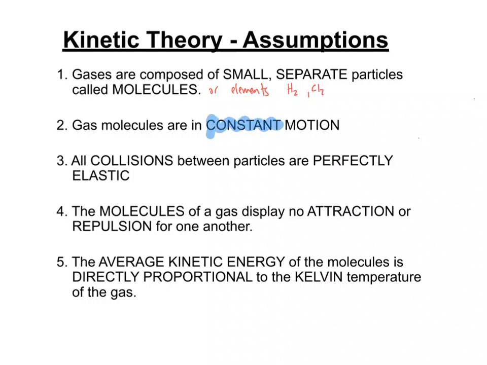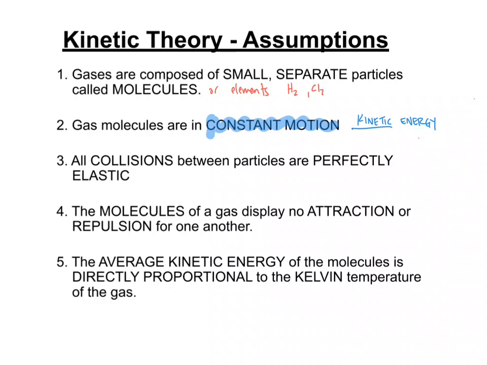They're continuously moving. In some cases, they'll move faster than others. But nonetheless, they are in constant motion. So if something is in motion, then we would say that that object has kinetic energy. So kinetic energy is the energy of motion, which is where we get our title, kinetic molecular theory, because these molecules are always moving.